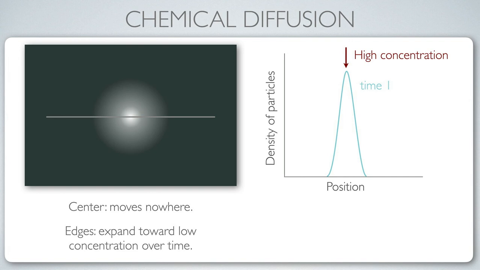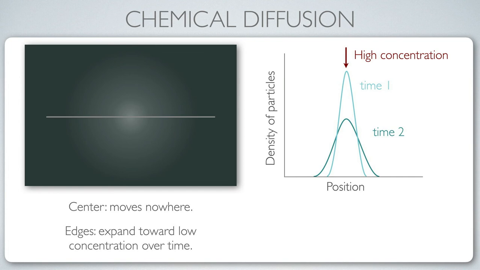At this initial time, which we'll call time 1, the particles are pretty narrowly distributed. As we play the animation, we see that over time the margins expand, and the number of particles is the same.